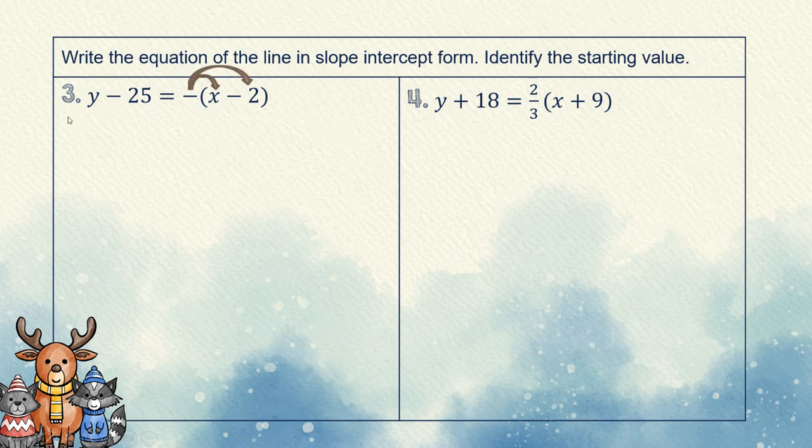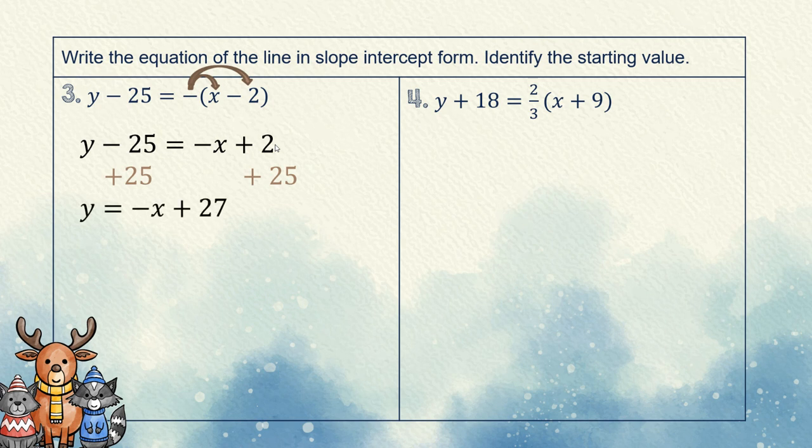So when we distribute, we get y minus 25 is equal to negative 1 times x is negative x, and negative 1 times negative 2 is a positive 2. A negative times a negative is a positive. So I have y minus 25 is equal to negative x plus 2. My last step here is to add 25 to both sides. So I would get y is equal to negative x plus 27.